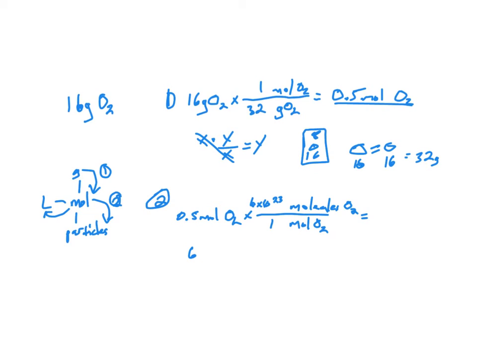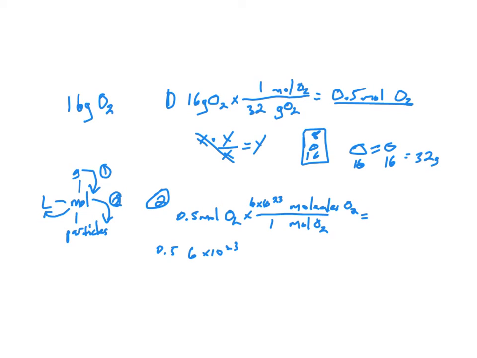Okay, so anyways, we now take this number and we take 6, multiply it by 10 to the 23rd, and then we're also multiplying it by this 0.5 over here, then I'll put that out here. So we have 0.5 times 6 times 10 to the 23rd. Well, we could do this math first.